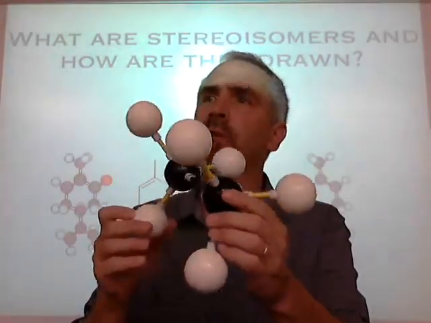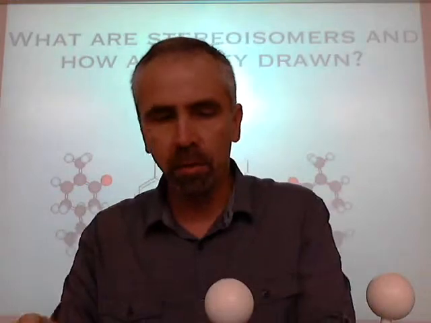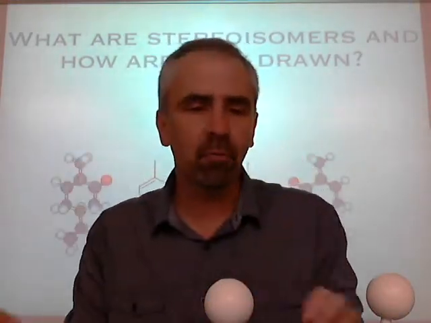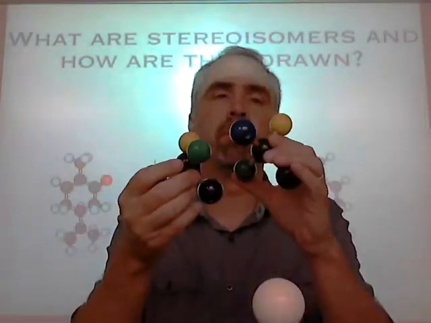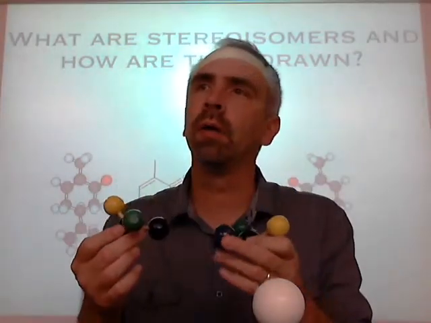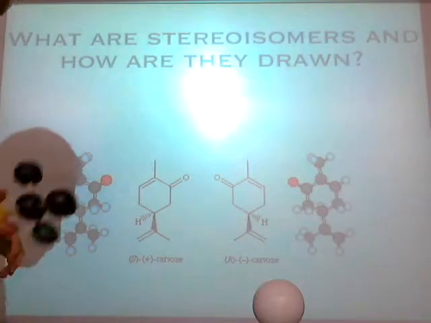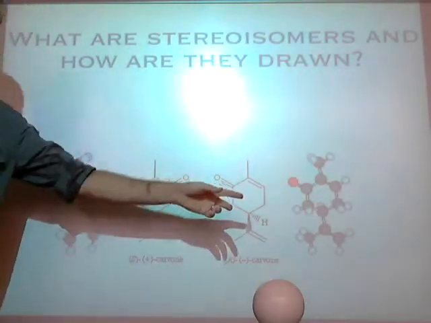This guy seems to be a little bit more similar. Well, geez, that's kind of the same thing as this. But no, it's not. I cannot, no matter what I do to these two, make them the same. I can't rotate one into the other. And that goes for larger molecules too. I'm using a very small one here, but it goes for large ones like this, too.